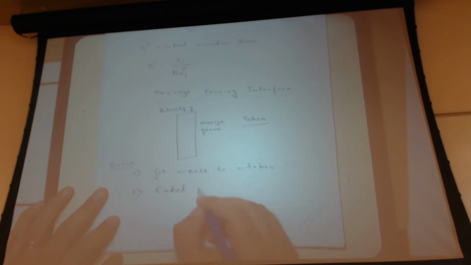It has to get access to a token first. Then it has to embed whatever message it wants to send to the activity into the token. Then the third thing is to put the token in the message queue.